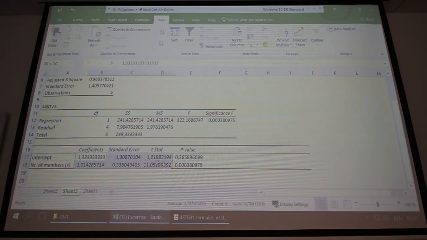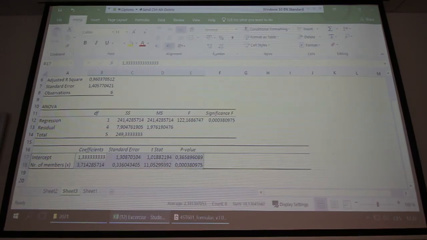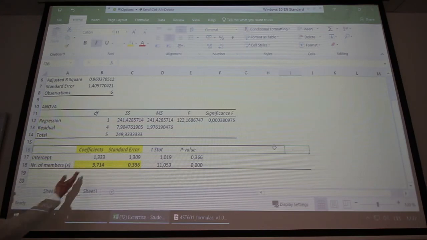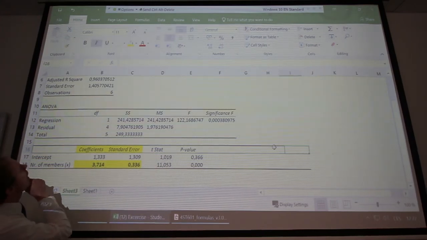So I will use only 3 decimals, and the important information for us will be this, because there is the slope of the regression line.